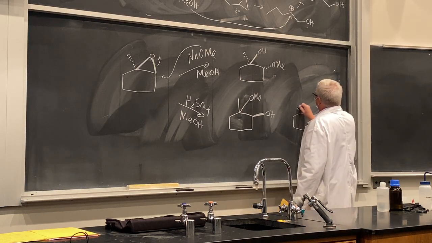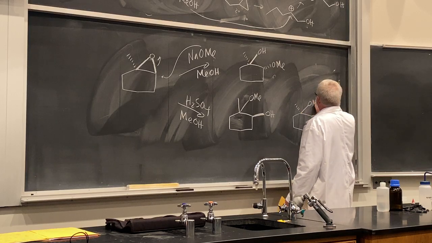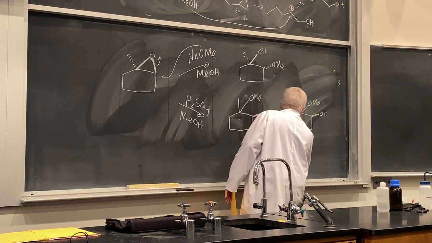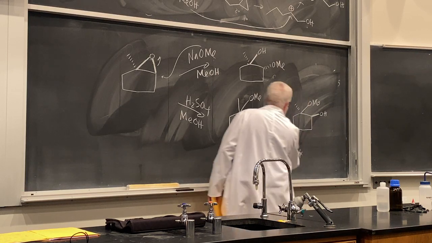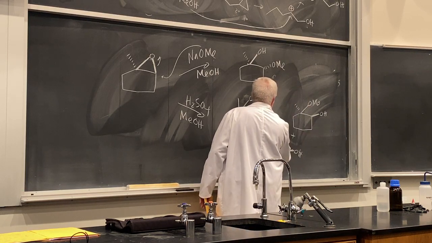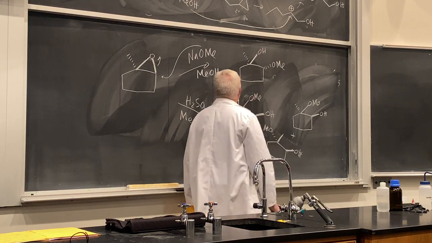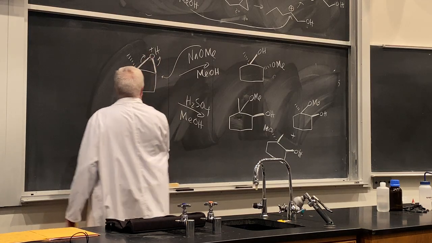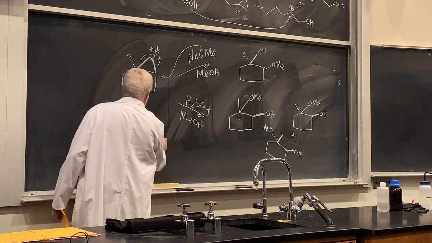You go through the rest of the mechanism. So one is that. And the other one's that where that stereocenter is the same. But what? You have OMe down and the methyl up. And why is that? Well, you've got hydronium ion now that forms what? A flat carbocation.